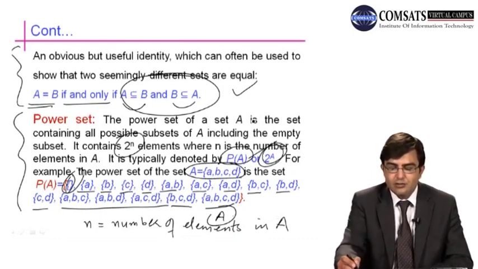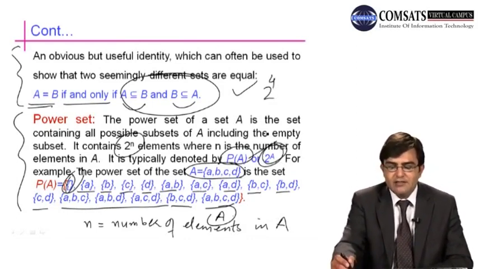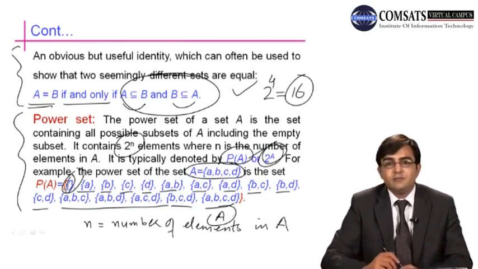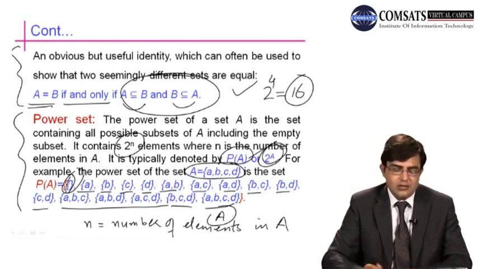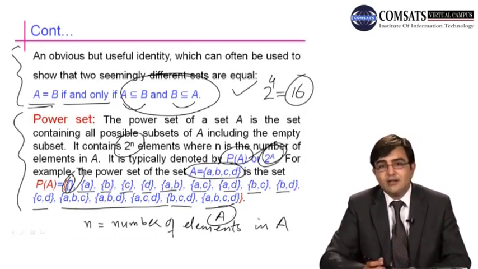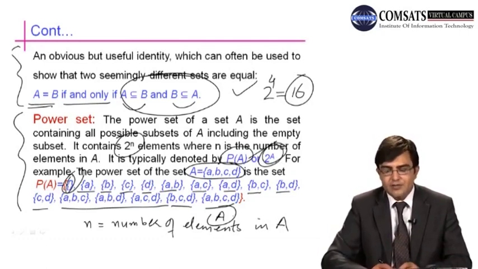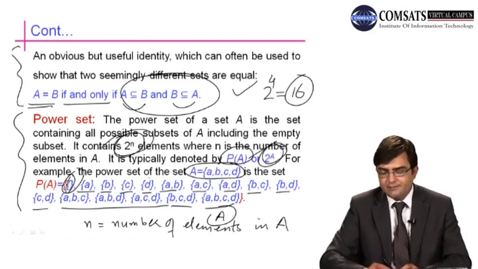The number of elements is 2 power 4 because there are 4 elements in A. 2 power 4 is 16. So in the power set of A, we must have 16 elements, which we can count by 1, 2, 3, 4, 5, 6, 7, 8, 9, 10, 11, 12, 13, 14, 15, 16. So there are 16 elements in the power set of A. So this is how we can calculate the elements in the power set.